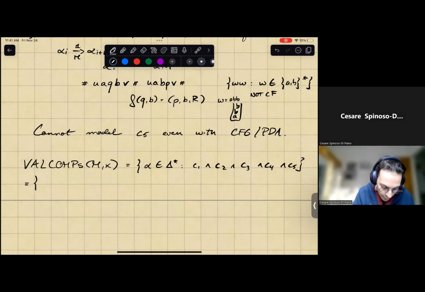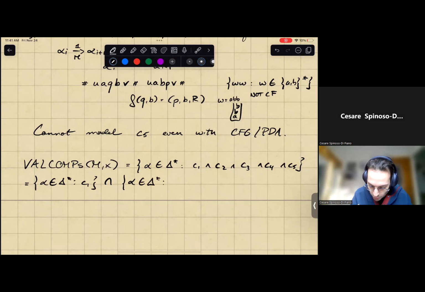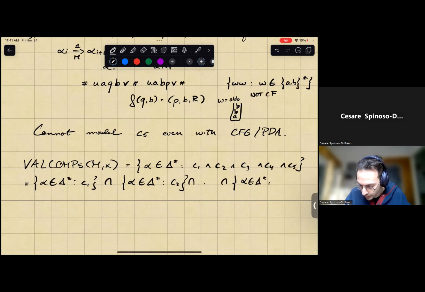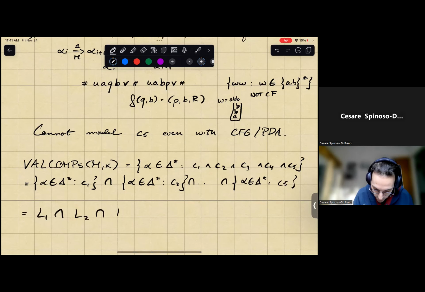So you get alpha in delta star where C1 is satisfied, and alpha in delta star where C2 is satisfied, and so on, intersecting until alpha in delta star where C5 is satisfied. Let's rewrite this as L1 intersect L2 intersect L3 intersect L4 intersect L5.